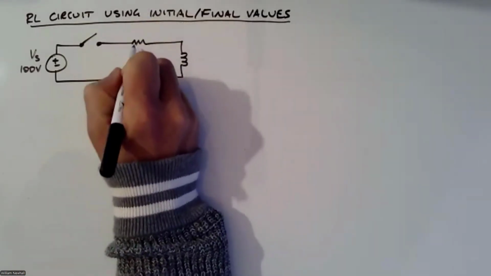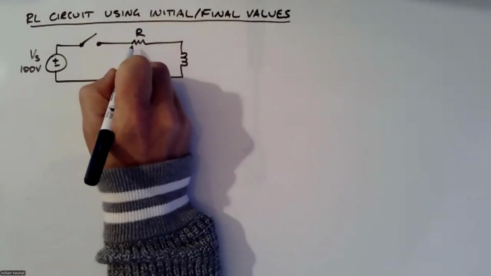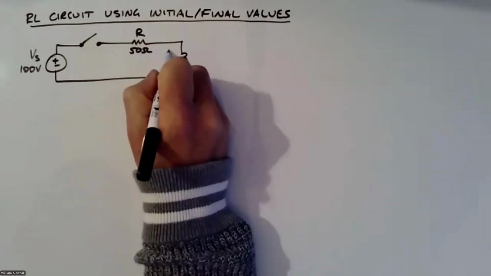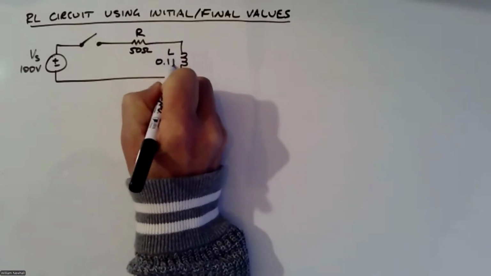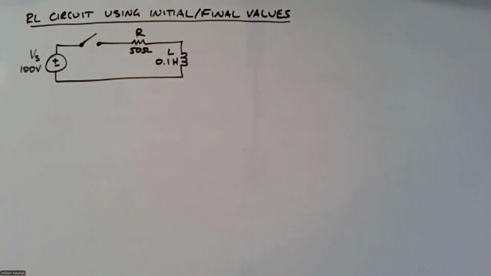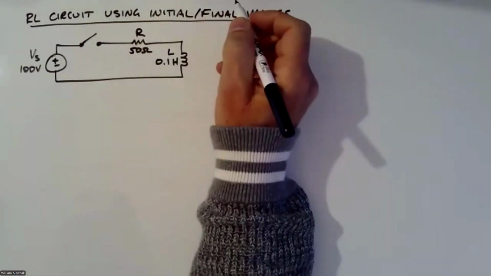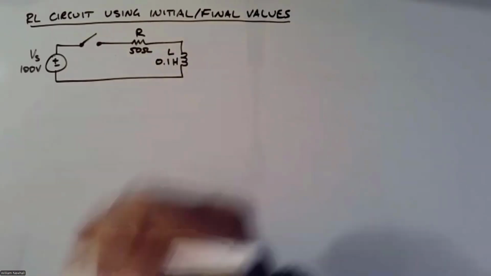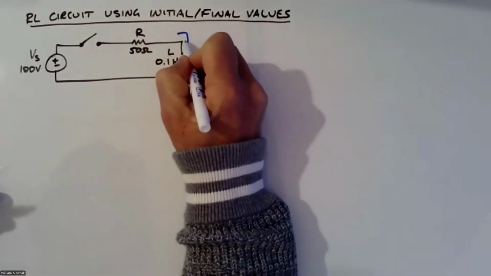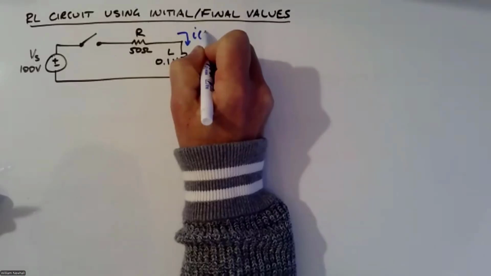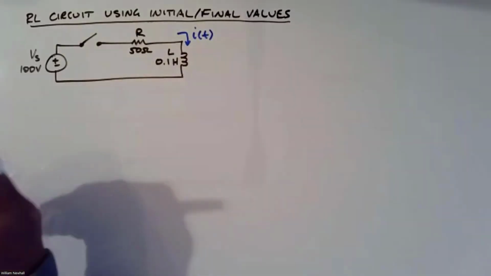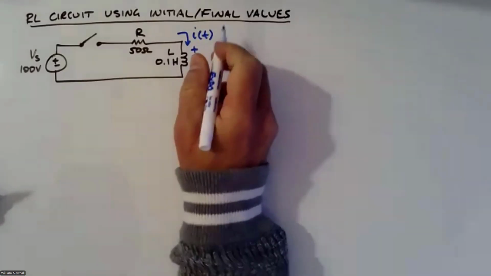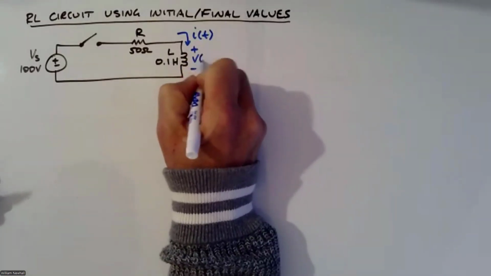So this resistor value is 50 ohms. The inductor value is 0.1 henries. Okay, and let's find the current through the inductor, I of t, and let's find the voltage across the inductor, V of t.